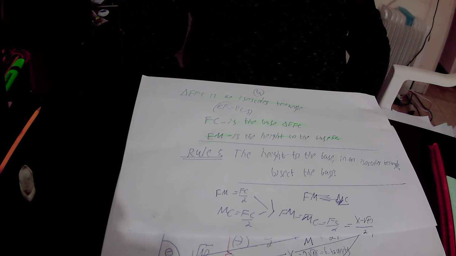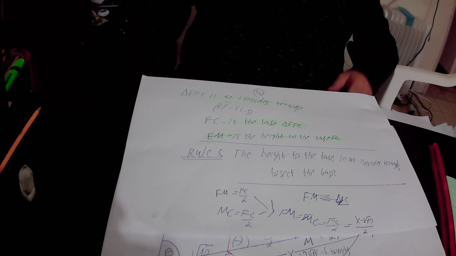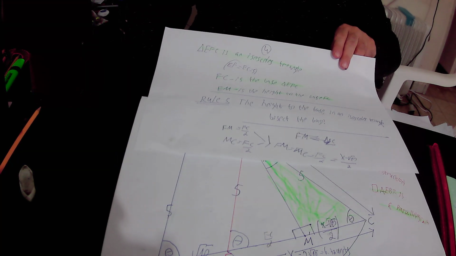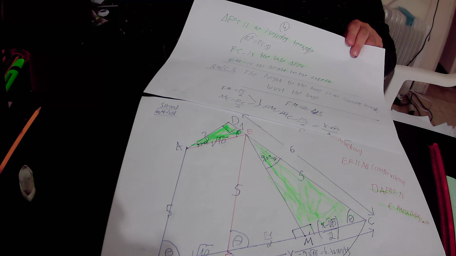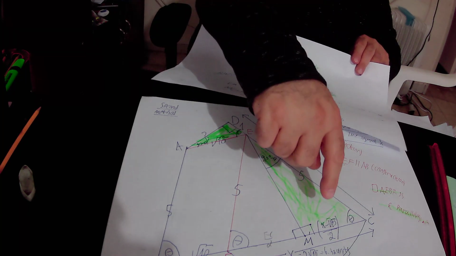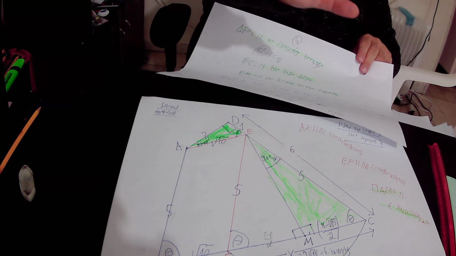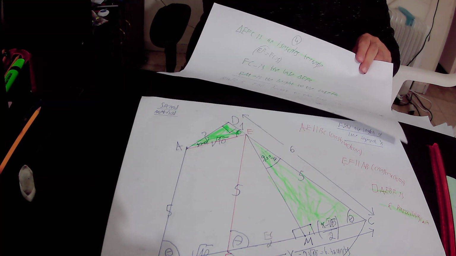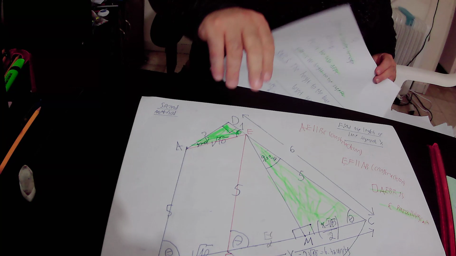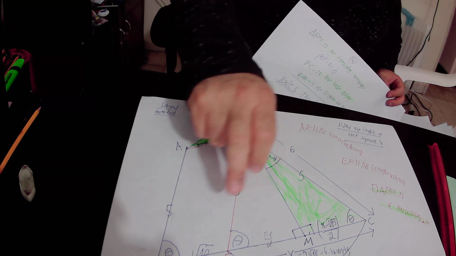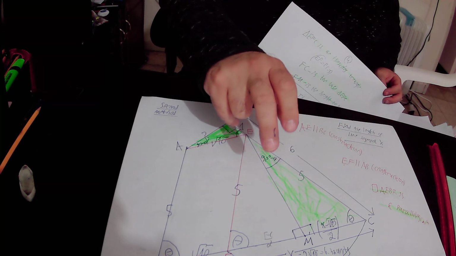And then I presented to you rule number 5. According to rule number 5, the height to the base in an isosceles triangle bisects the base. So here, the height EM to the base FC bisects the base FC. It means that it divides the base FC into 2 equal parts.